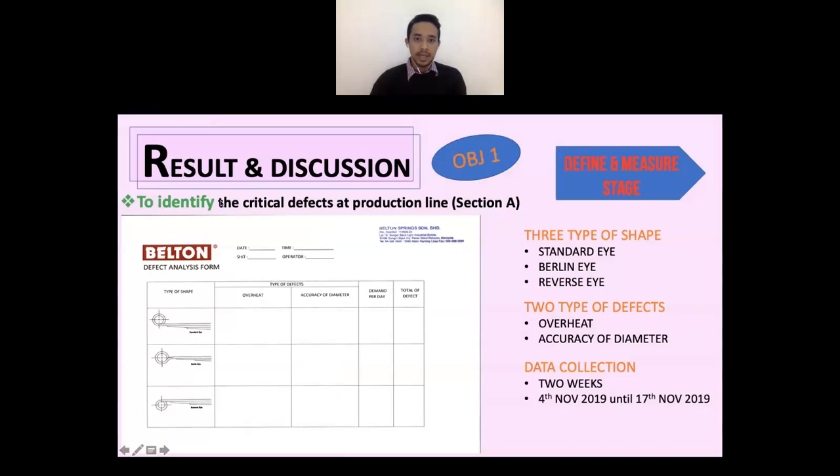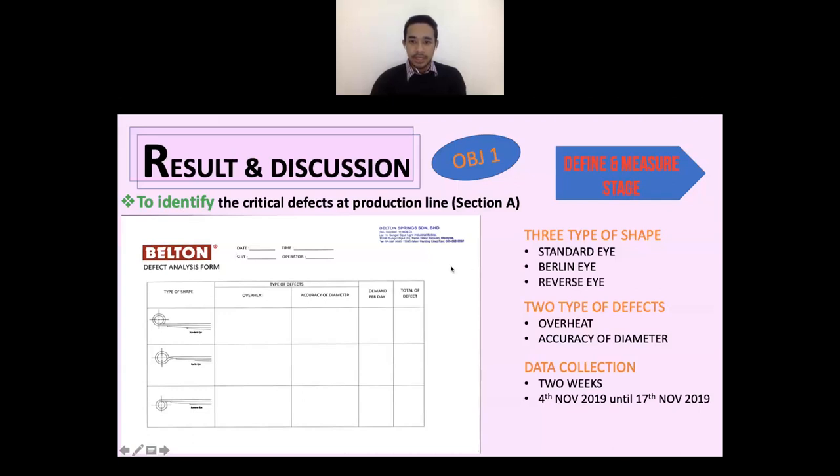Okay, this is what we have to focus on, results and discussion, chapter 4. For objective 1, my objective is to identify the critical defect at production line section A. I also want to mention that objective 1 is the define stage. I created this defect analysis form to achieve objective 1.